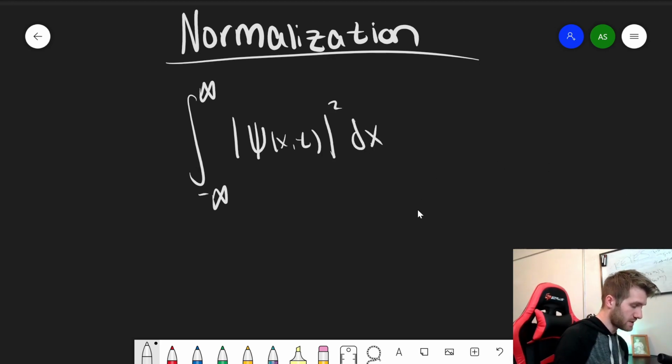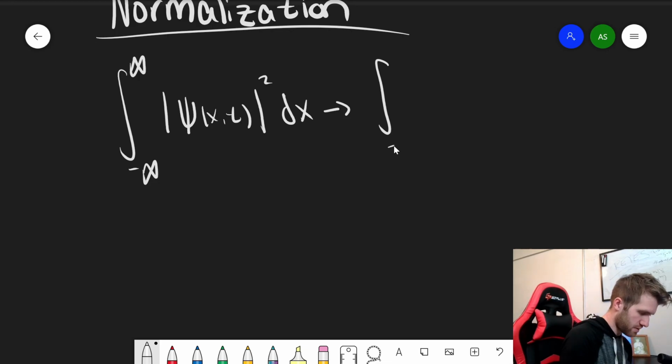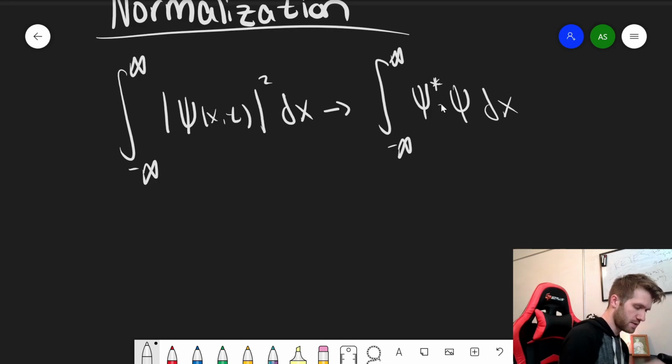And if we want to, say, extend that out a bit, we can decompose that square modulus term as psi star, which is the conjugated part of the wave function, because we're dealing with complex numbers, and psi, with respect to x.